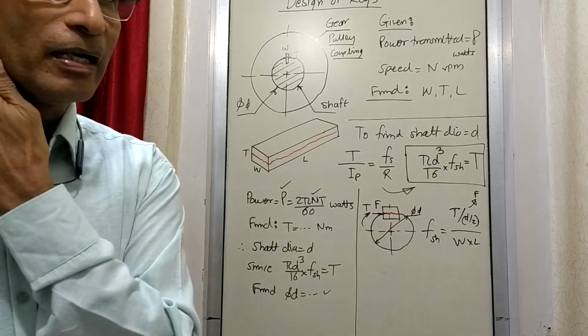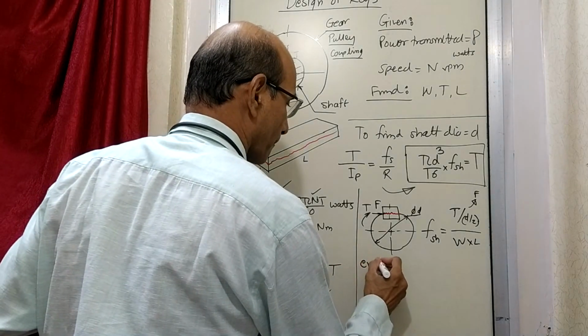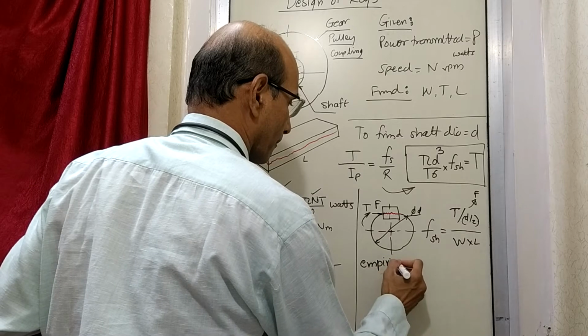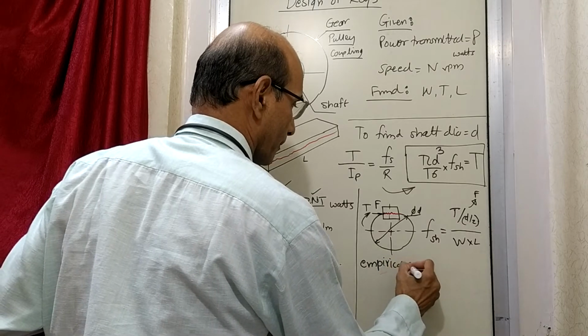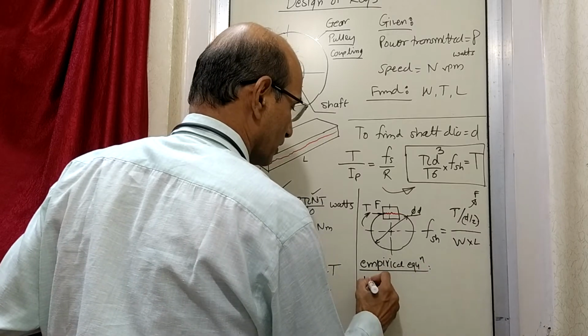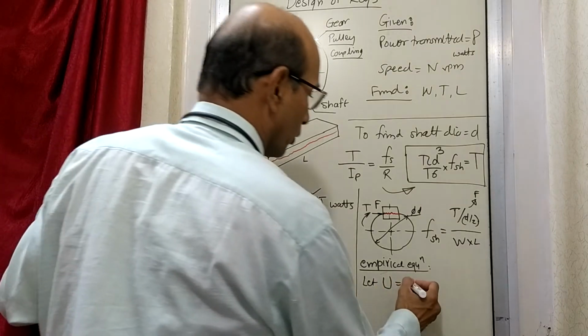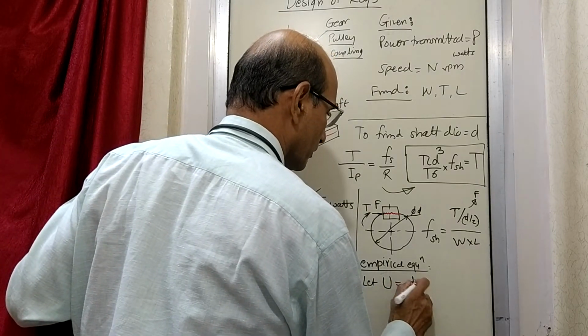But before we do that, there is one empirical relation available. It says that there is one constant defined, capital U, which is equal to shaft diameter D plus 12.